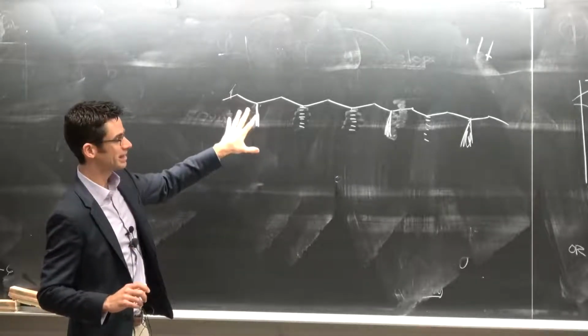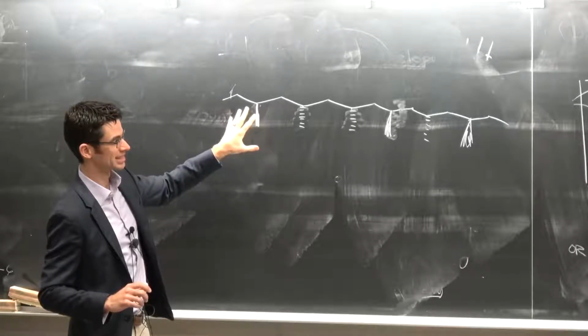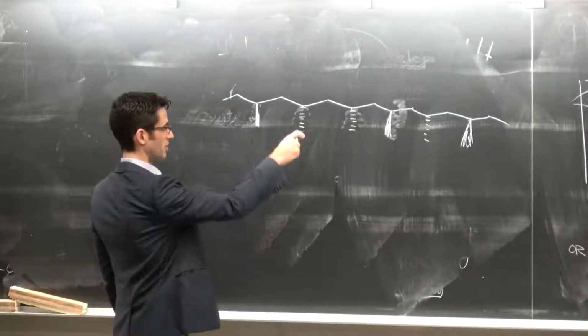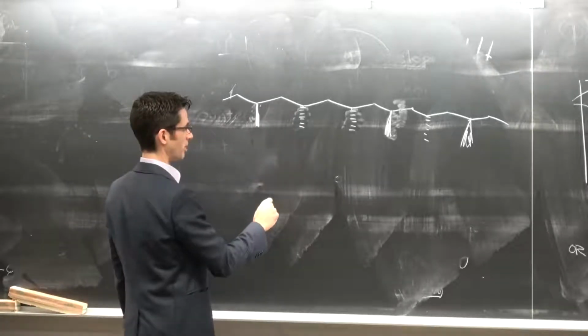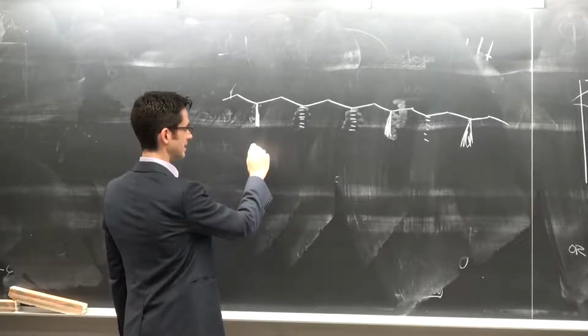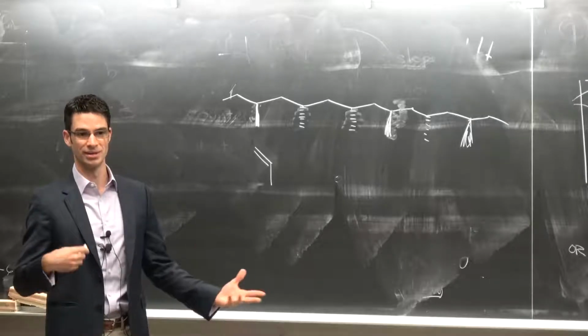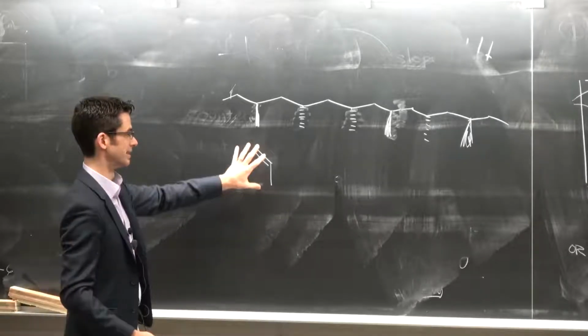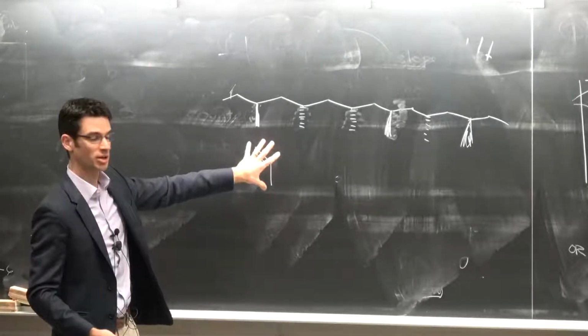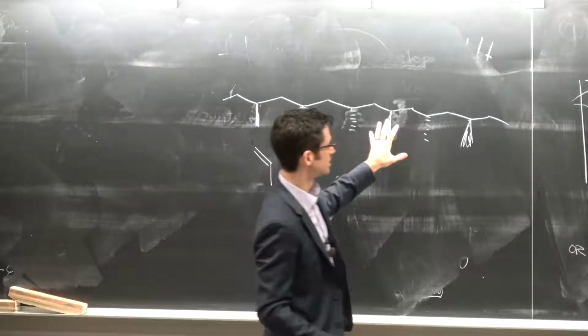But we can do that in some circumstances. We can't do it here because the precursor to polypropylene is this, which there's no chiral information in this molecule at all. This is just propylene.